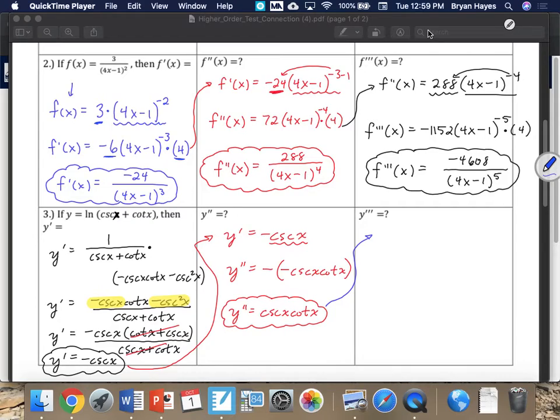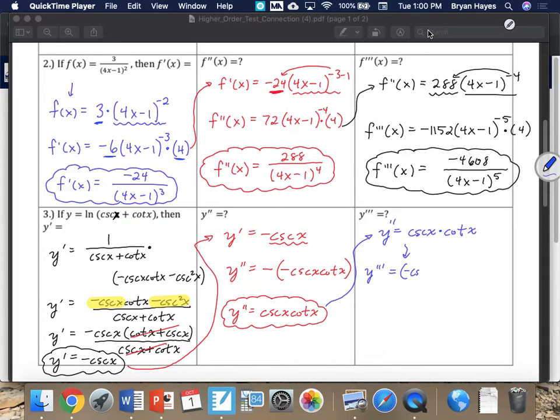All right, so let's finish out here with finding the third derivative of this, and we'll point something out as I write this second derivative down here. This is the cosecant of x times the cotangent of x. So as we do our third derivative, we'll need to follow a product rule. Y triple prime is equal to, all right, let's go derivative of the first. I'm going to put this in parentheses.